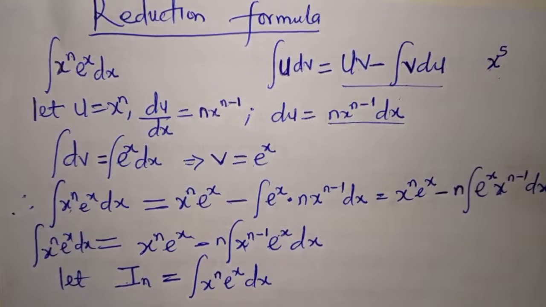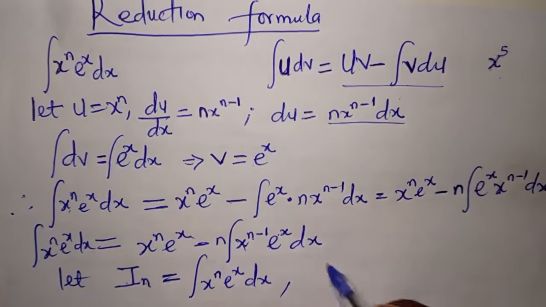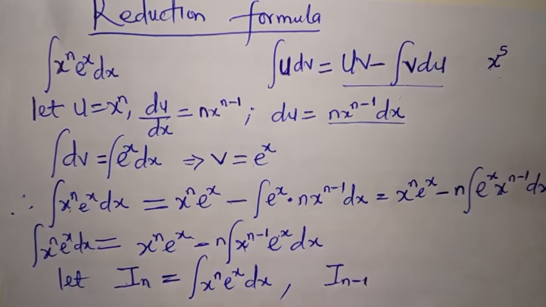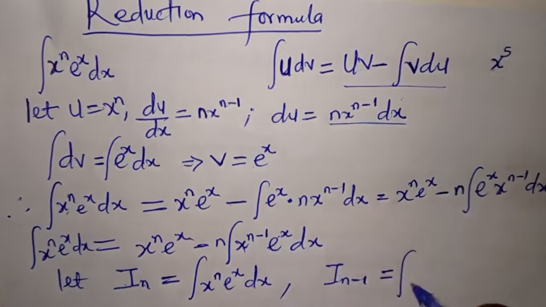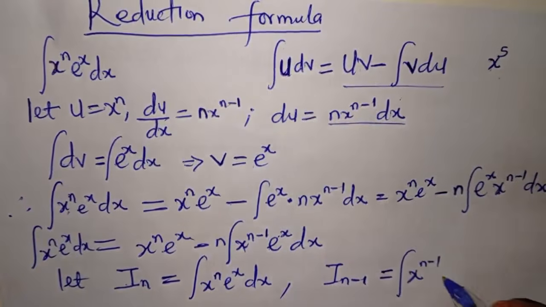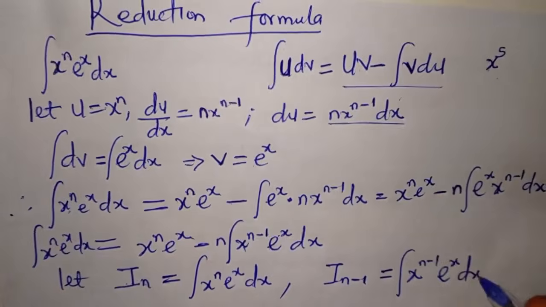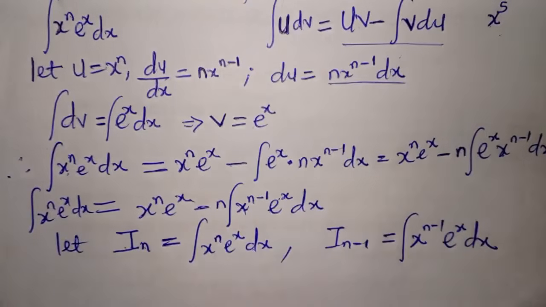E to the power of x remains, dx remains. So let us call this particular one I sub n minus 1. So it's like we're saying that this integral is a function of n, while this one is a function of n minus 1. This is the integral of x to the n minus 1 times e to the x dx.